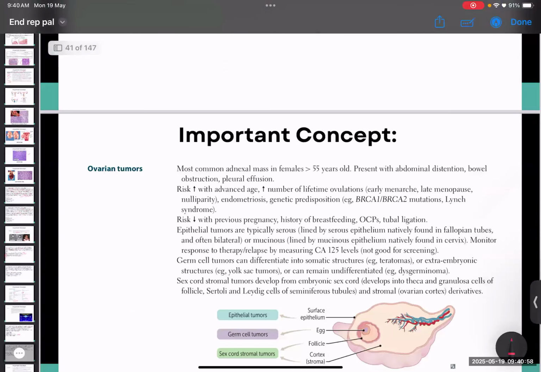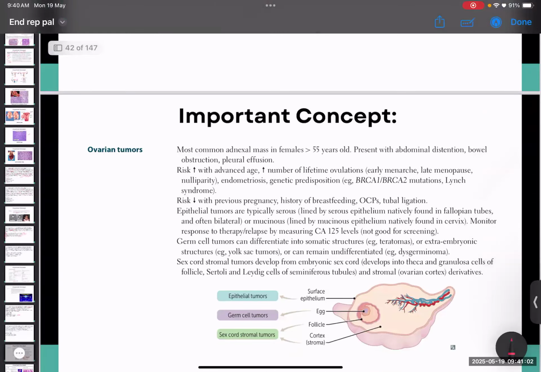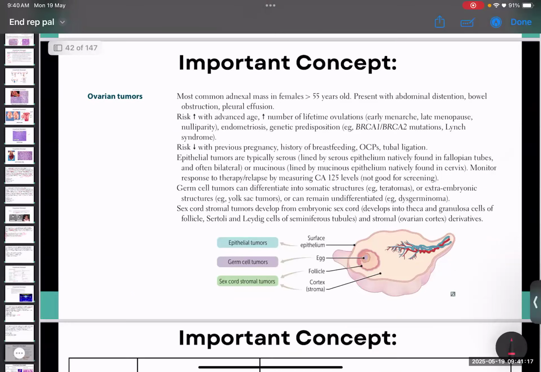Now, when we're talking about ovarian tumors, they usually arise from the surface epithelium of the ovary, from the egg, or from the tissues surrounding it, so either the follicle or the cortex. They're associated with BRCA1 and BRCA2 mutations, and mostly they present as an adnexal mass with abdominal distention.